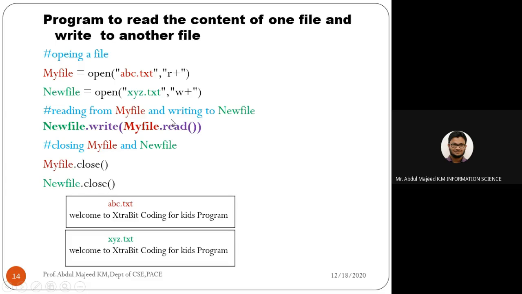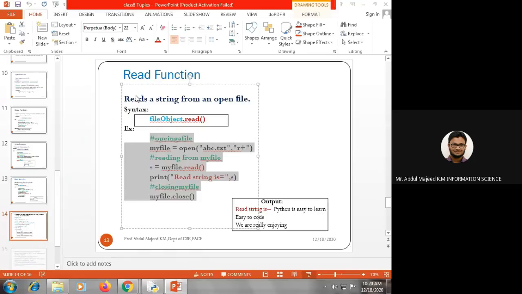Assume there is the content welcome to extra bit coding for kid program in abc.txt, then the content will be copied to xyz.txt. So first you need to open abc.txt and check what is the content of abc.txt. Then you open xyz.txt and check whether the same content is stored or copied to xyz.txt. So let's execute this program.